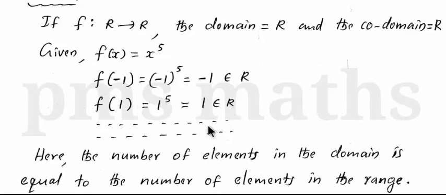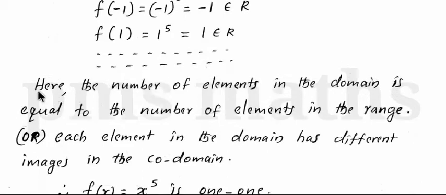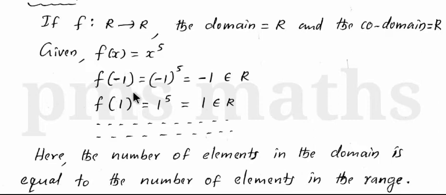Now, from these values we can say the number of elements in the domain is equal to the number of elements in the range. Here number of elements in domain is 2, and here also 2. These elements are the elements of range. Therefore, they are equal.